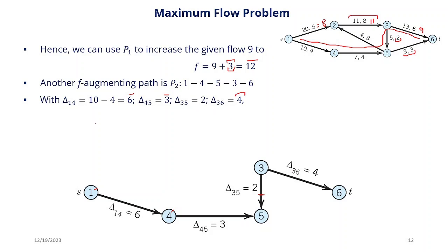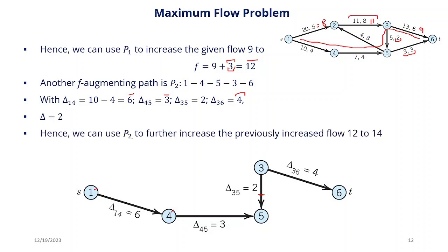And what is the minimum of what we have here? It is 2. So we can use P2 to further increase the previously increased flow to 14. What you do is just add 2 to all of these parts, but subtract 2 from this one, in which case the flow here is going to be 0.